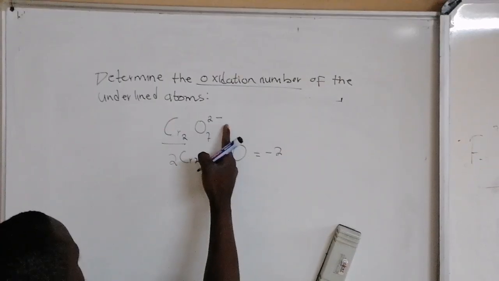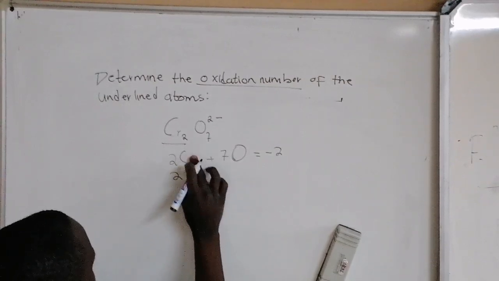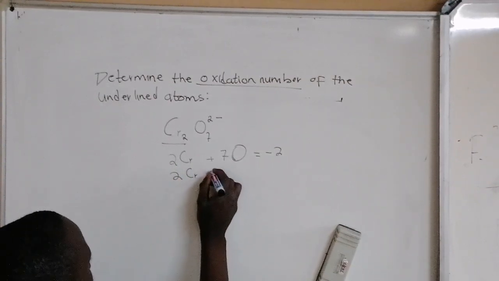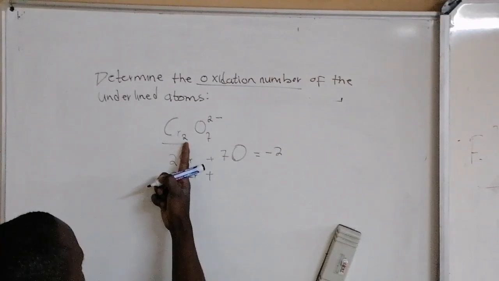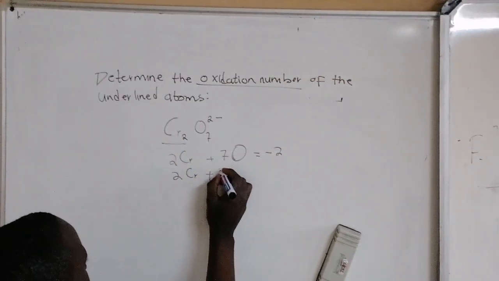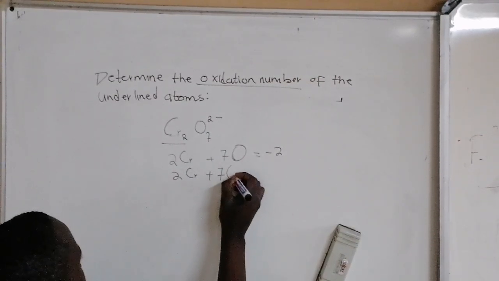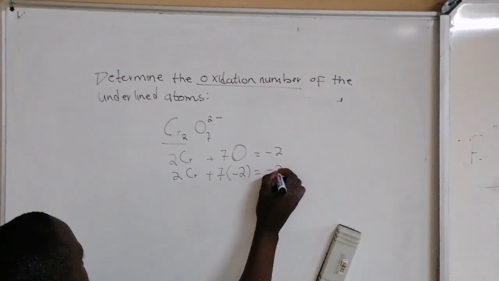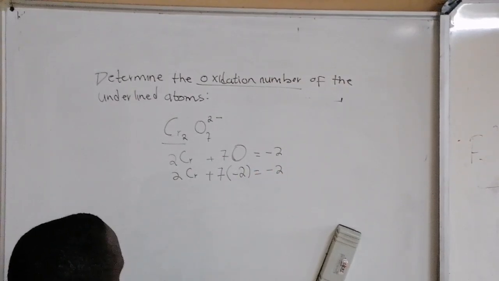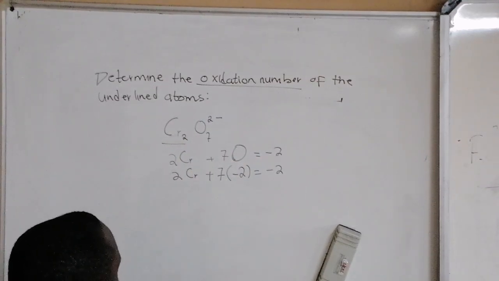We don't put the 2 there, because we have to make this subscript become the coefficient. That is what I've done there. Plus 7. Then what is the oxidation number of oxygen atom when it is combined with other elements? It is -2, equal to this -2, which is the net charge. It's not just the oxidation number of oxygen.